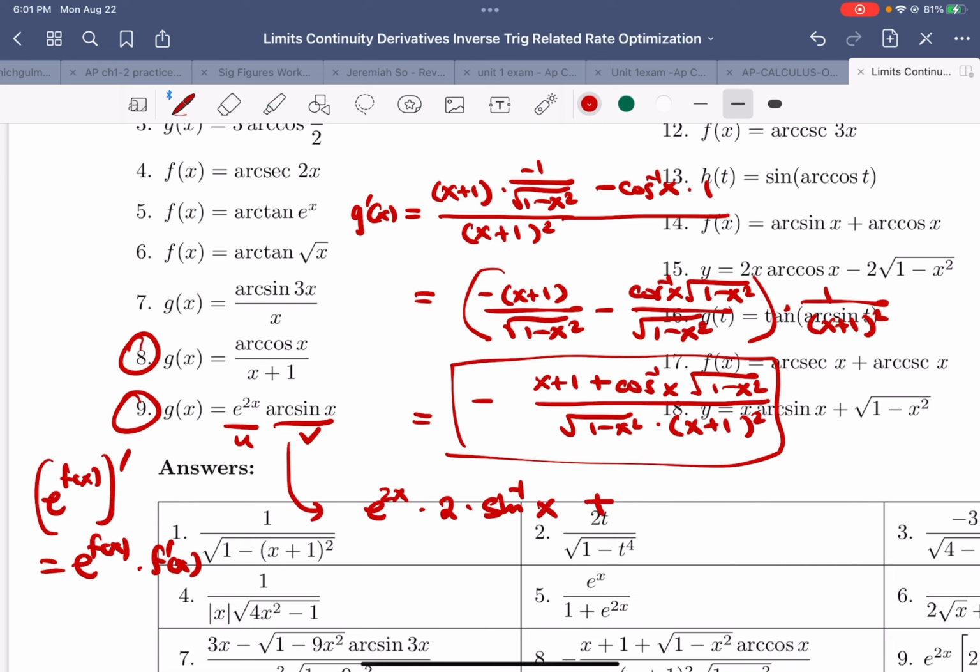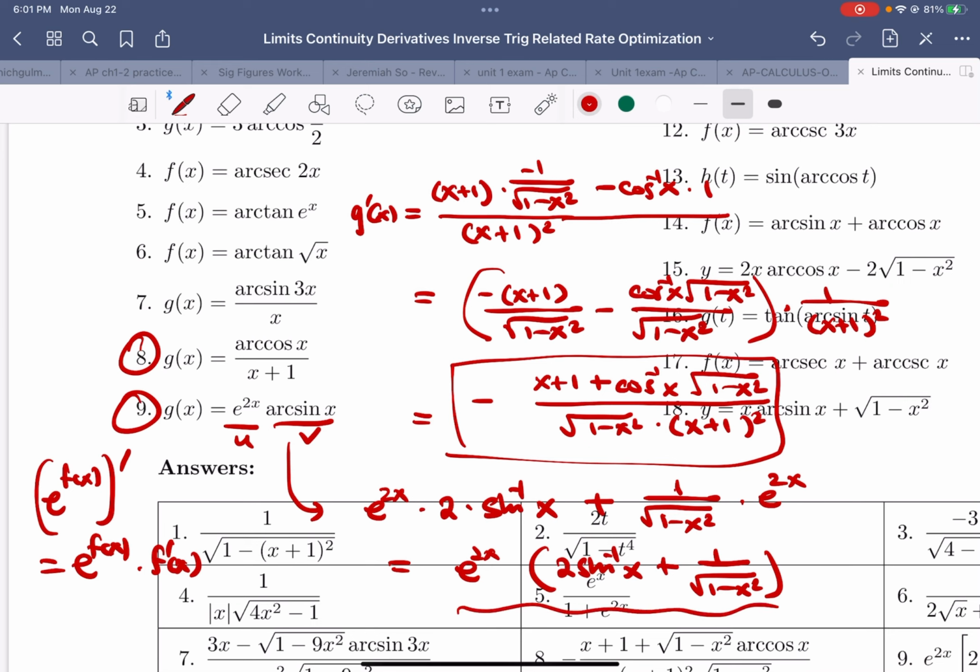Now the inverse sine derivative is 1 over root 1 minus x squared, we already memorized. Times e to the 2x. Or you can say e to the 2x, you factor out. Then 2 inverse sine of x plus 1 over root 1 minus x squared. You can leave it like that. Okay? That's your final answer.